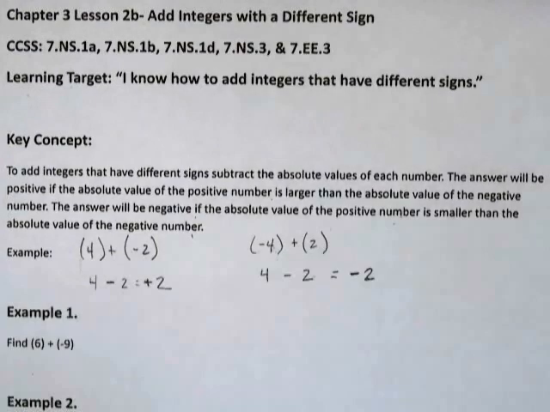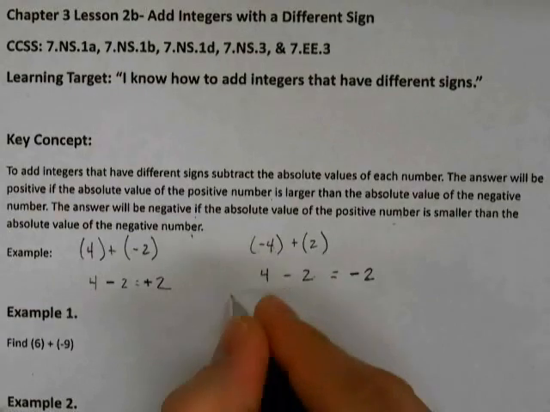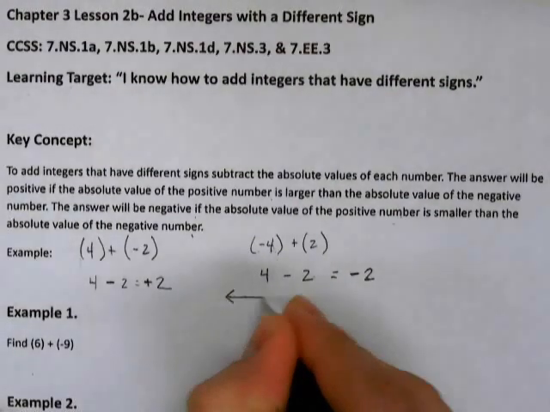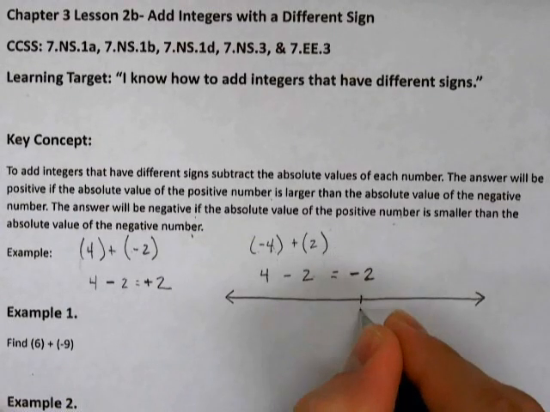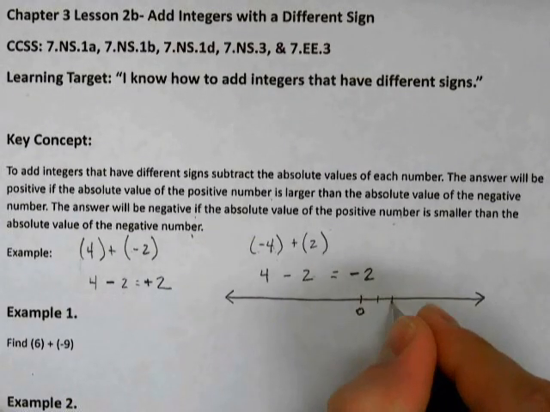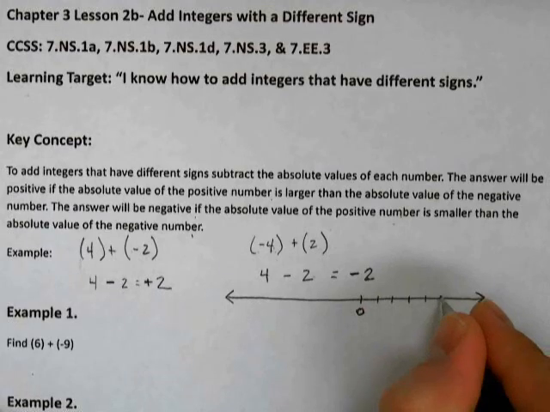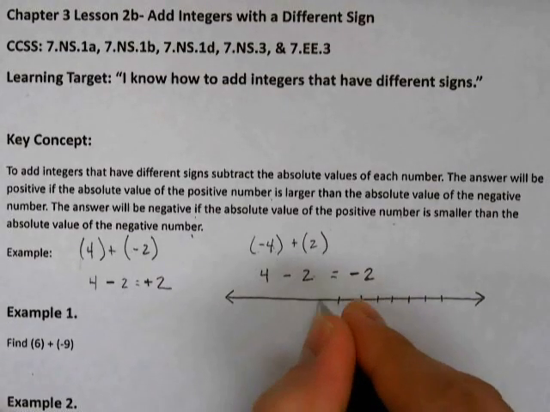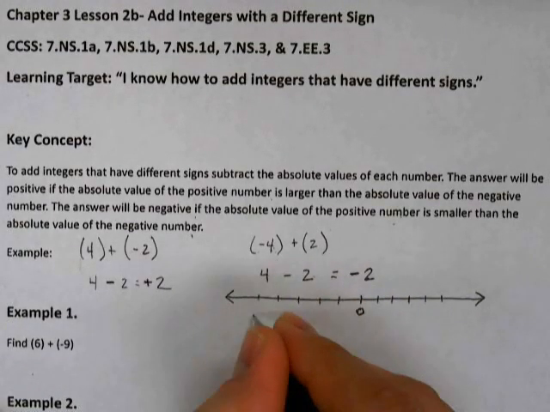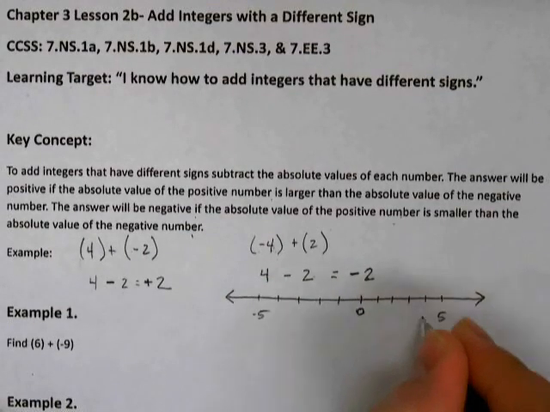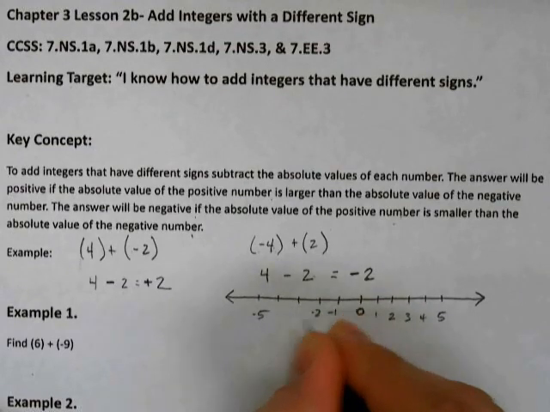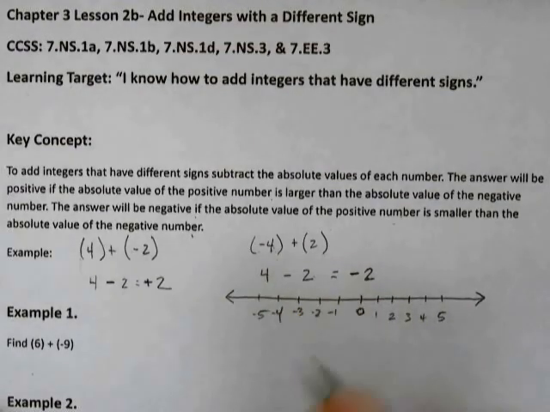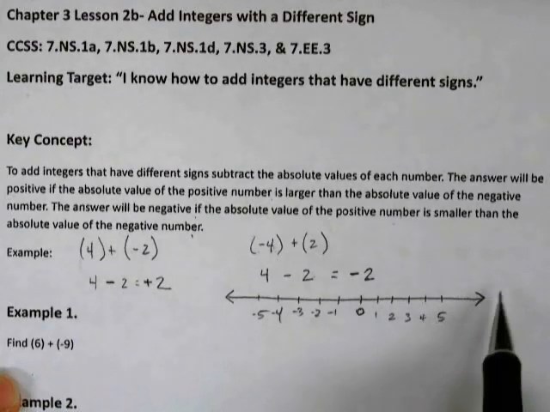Okay? And I think one of the easiest ways to think about this is a number line. So if you look at a number line, I'm just going to make one real quickly here. We have 0, 1, 2, 3, 4. I'm going to go out to 5 on both sides, so negative 5 and 5, and put in all these values. The way I like to think about it is where are you starting?